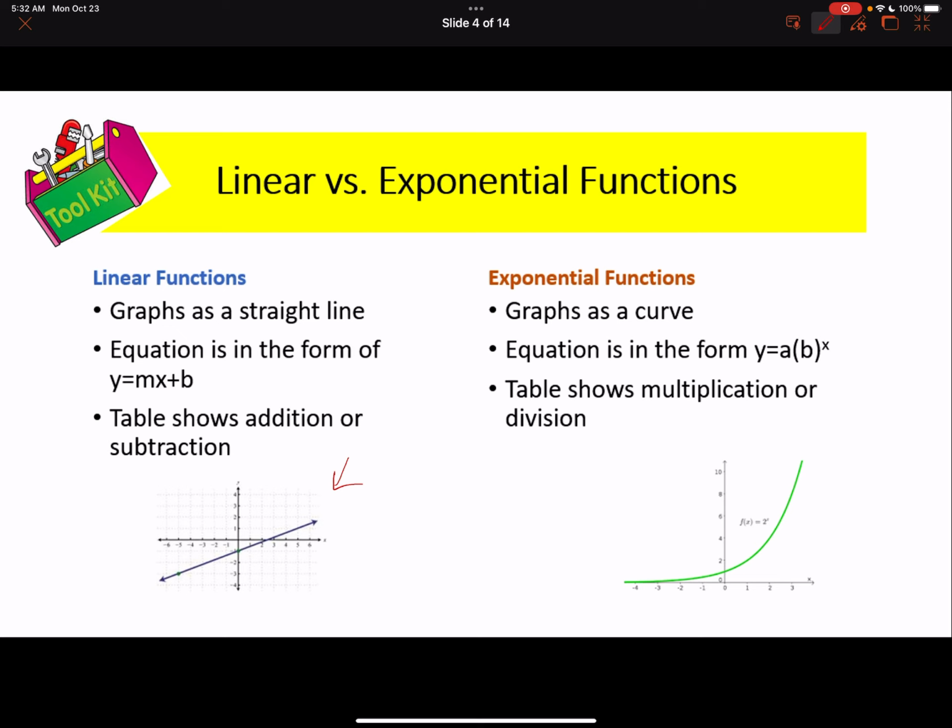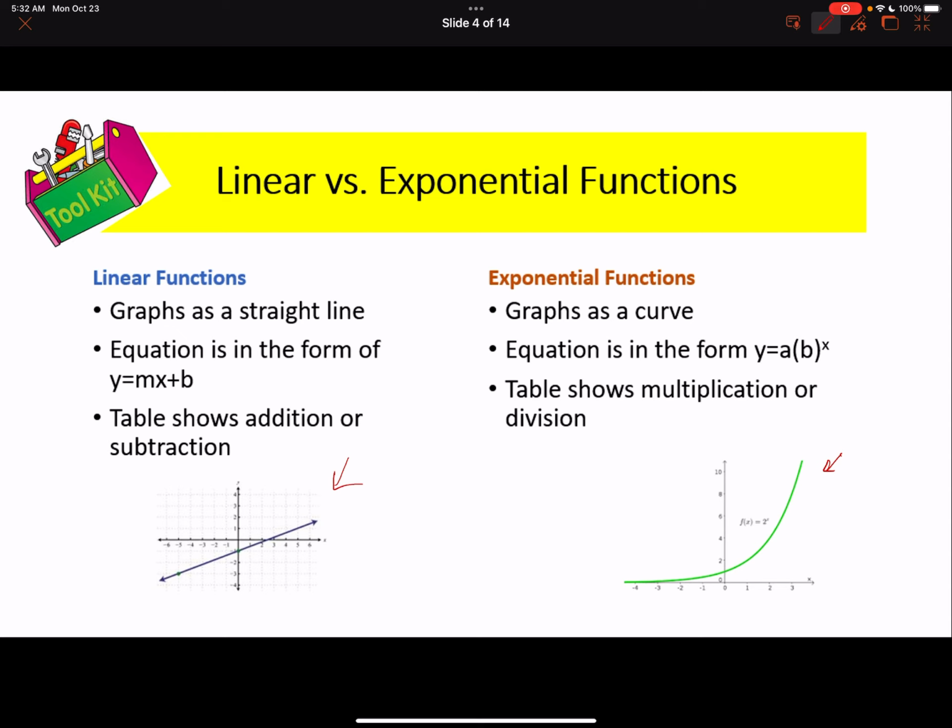They don't necessarily always have to have a positive slope, but the important part is that the line is straight. As opposed to exponential functions that graph a curve looking like this. And again, not every exponential curve is going to be going up like this. You'll see as we go throughout this lesson what they're going to look like. Some will be going down, some will be going up.